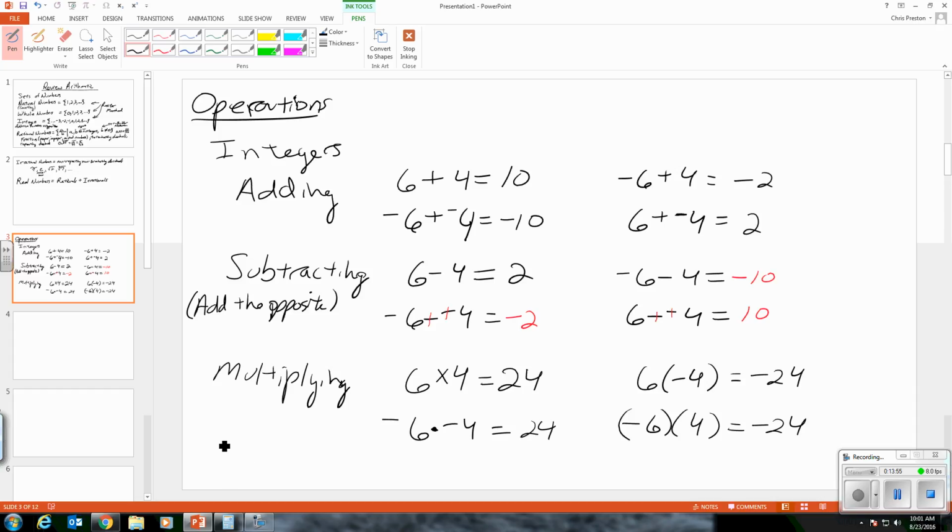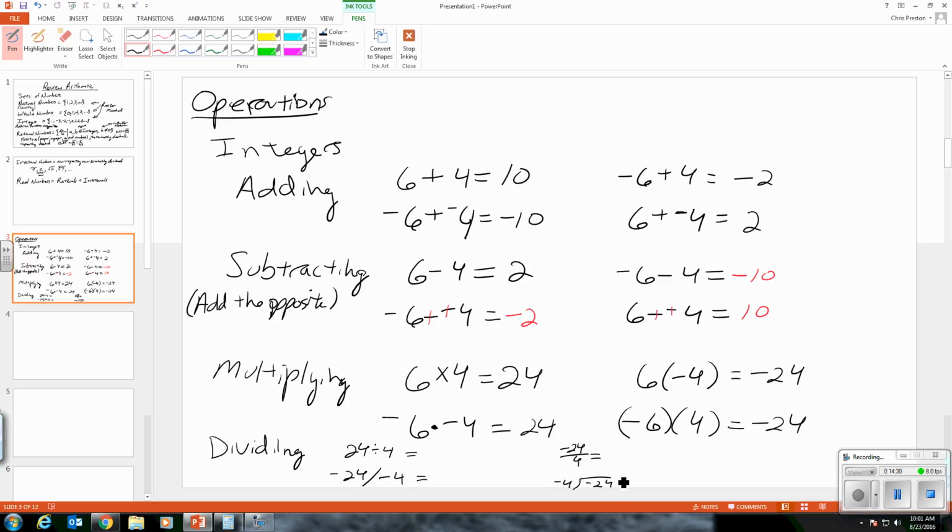And then let me squeeze in here, dividing. I'm going to stop this video and start a new one to continue, but dividing, same idea. 24 divided by 4, negative 24 divided by negative 4, negative 24 over positive 4, and then negative 4 into negative 24.